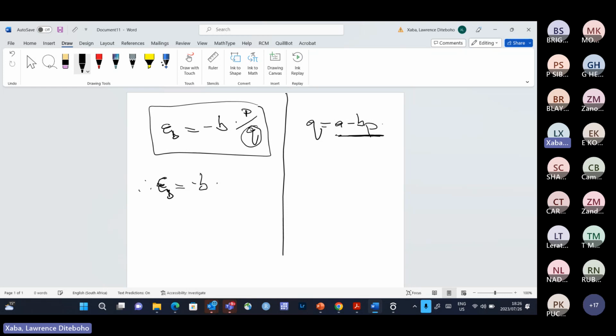This is what I'm talking about. We have Q here, and from the demand function, Q is equal to A minus B times P. So we have P there, open bracket, and instead of writing Q, you can say A minus B P. So that is our formula.